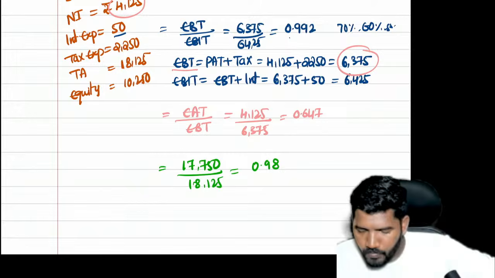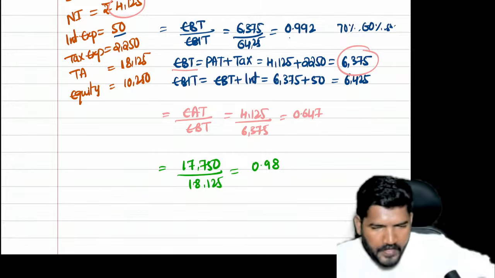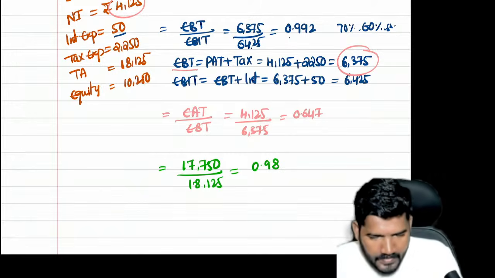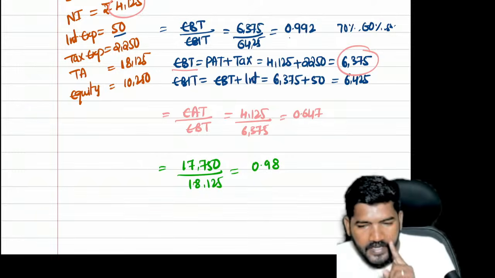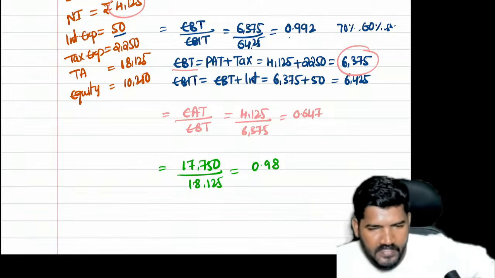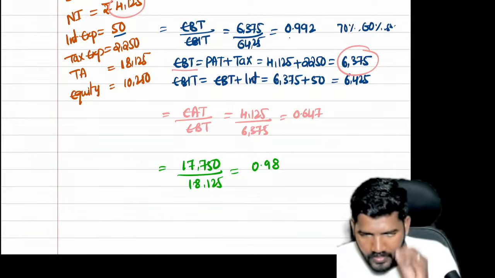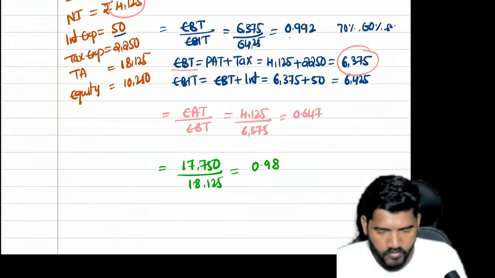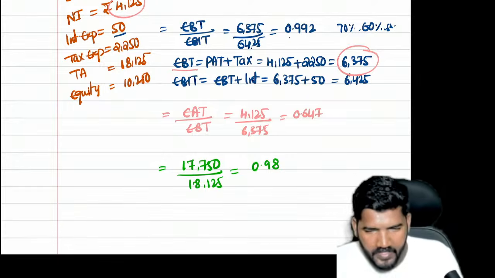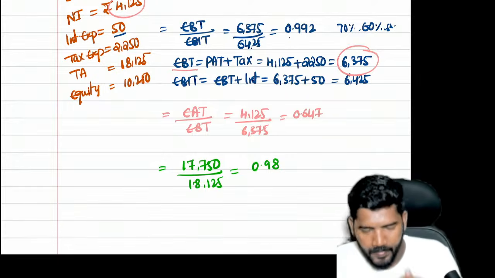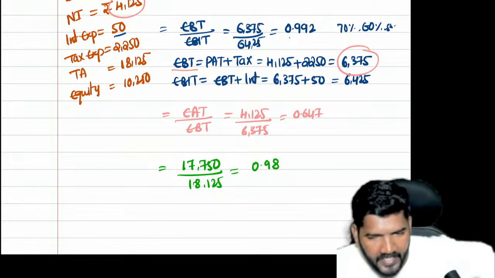The 0.98 means for every 1 rupee of assets, we are generating 0.98 rupees of sales. It is called underutilization. At least you have to earn 1 rupee of sales. Why? Because we are using 1 rupee in investment, but operationally we are doing sales of 0.98 only.